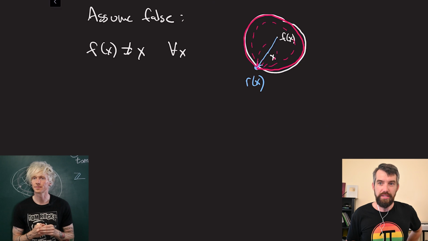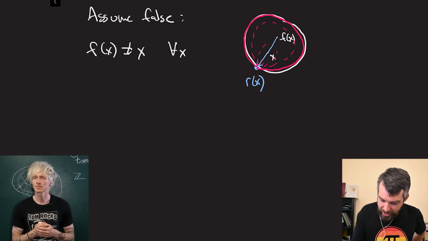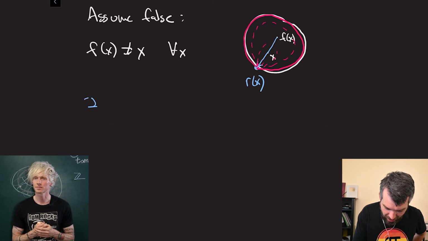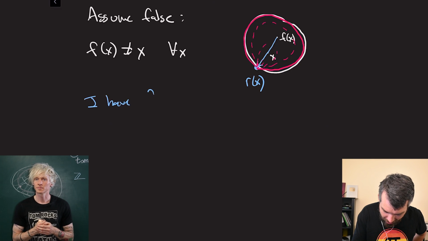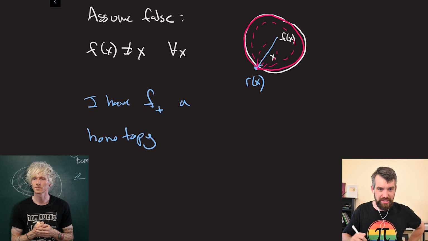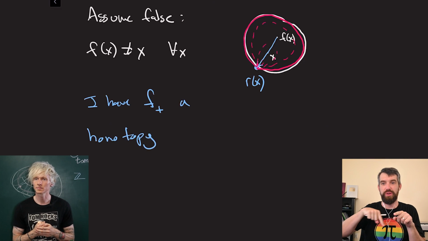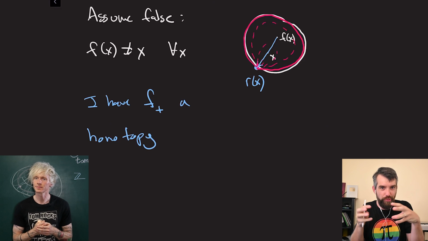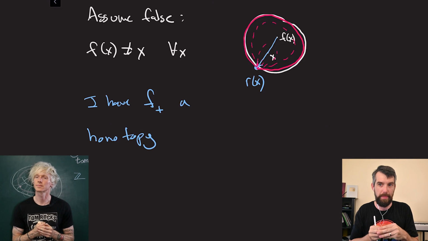So, in other words, what I'm going to have here is f_t, and this is going to be a homotopy that's going to take any boundary loop and put it right down into the middle. Okay?